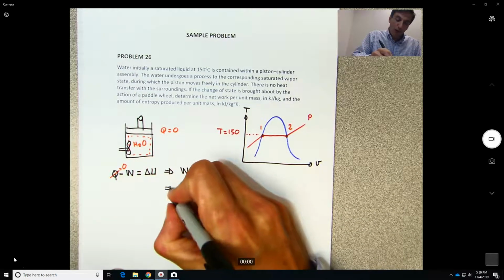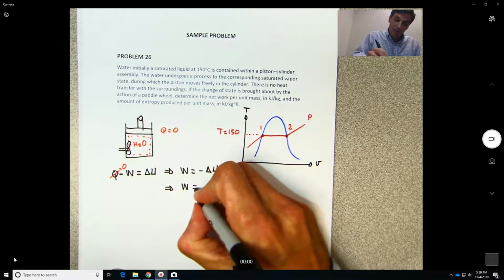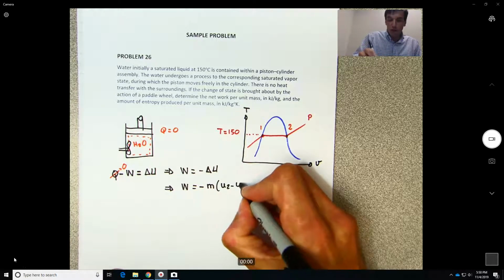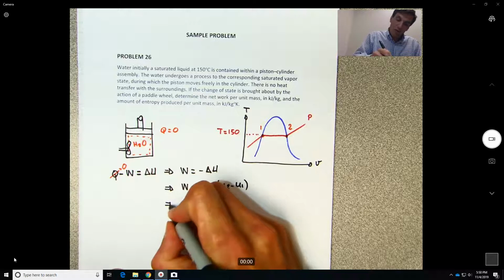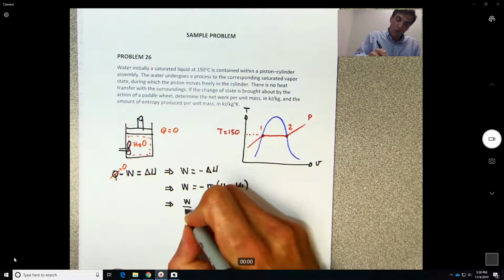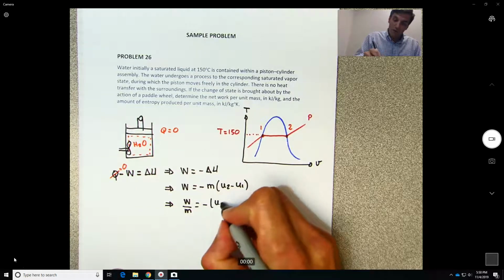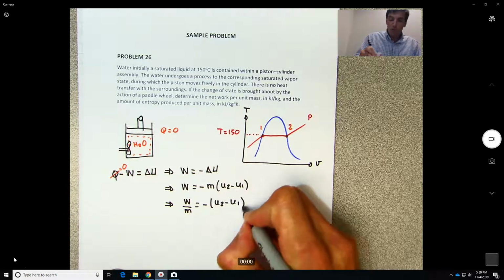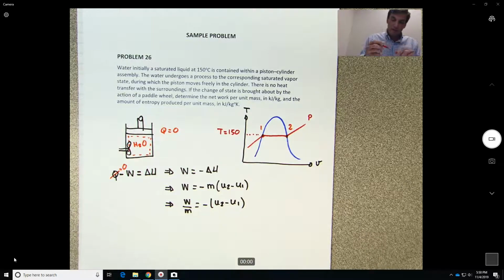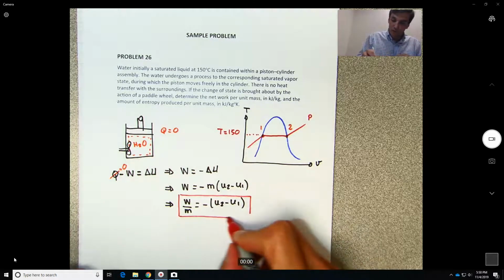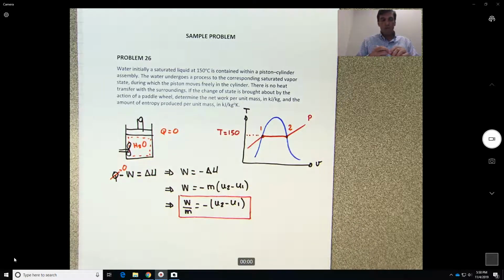So we don't know the mass, so this is equal to minus m (U2 minus U1), or work per unit mass will be equal to minus (U2 minus U1). So basically, in order to find the work, we need to find U2 and U1.